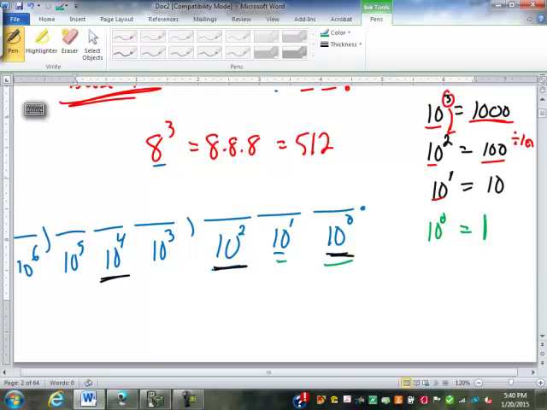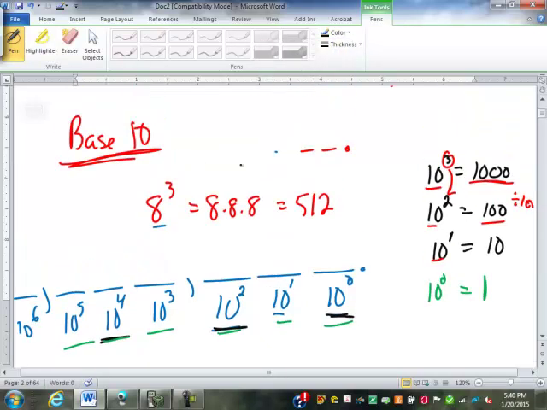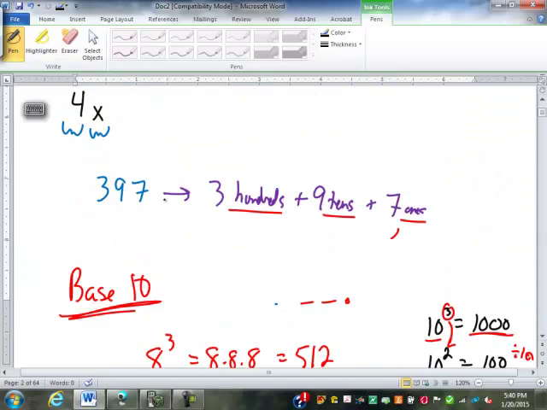So this is the ones, tens, hundreds, thousands, 10,000s, 100,000s, and so on. So we could have written this 397 as 3 times 10 to the 2nd plus 9 times 10 to the 1st plus 7. We don't usually write out the times 10 to the 1. We just leave it as just plus 7 or 7 ones.